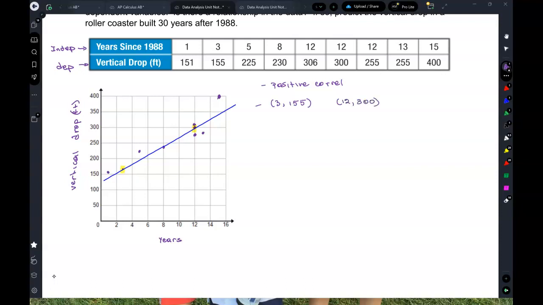Okay, you can write an equation that goes through those points, right? Find the slope and so on. So what would the slope be? 300 minus 155 over 12 minus 3. That's 145 over 9, 16.1.